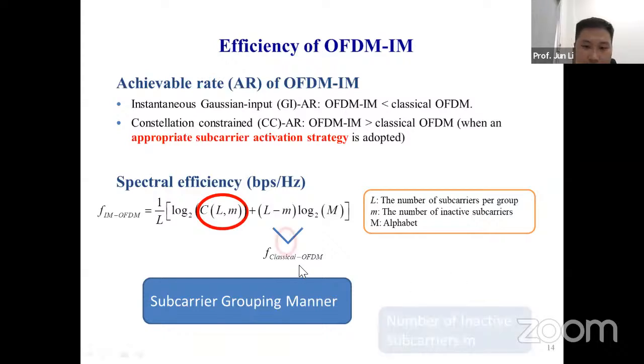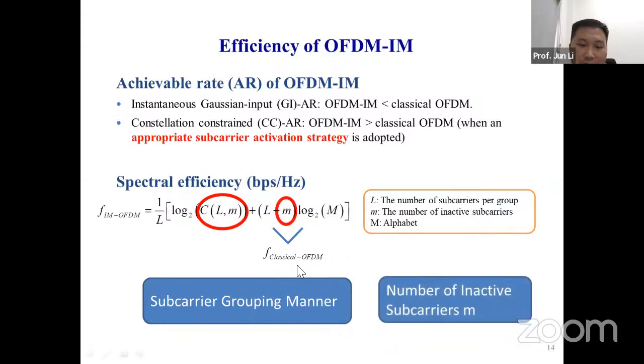And this is why I said it is very hard for the OFDM IM to achieve the same spectral efficiency as the OFDM, because it is very hard to set M equal to 0.